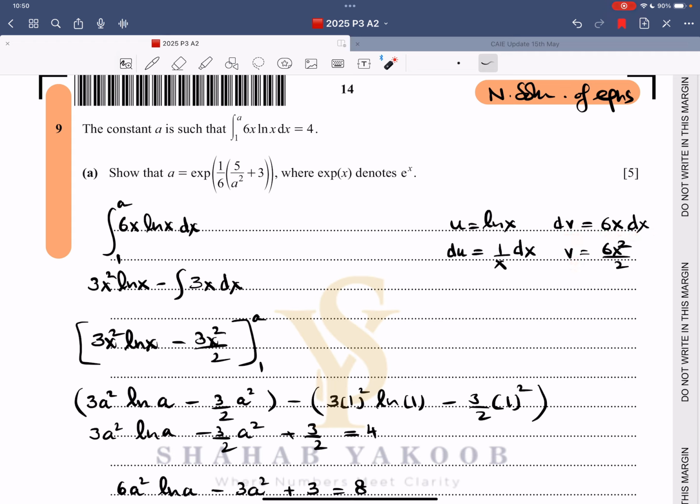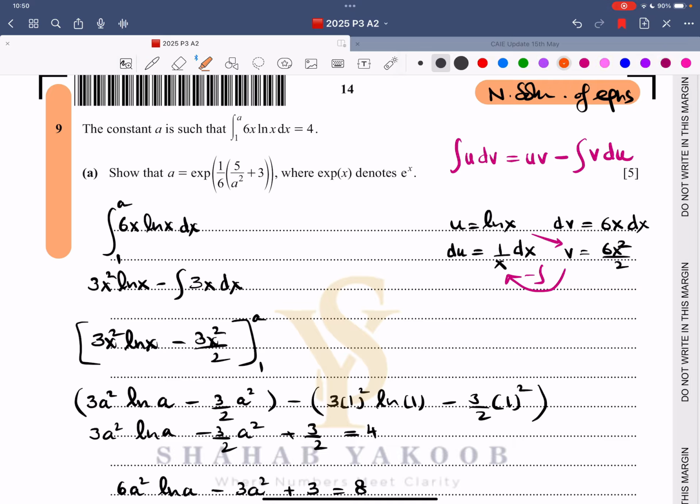That is 3x square. So now we will be following these arrows, and this would be uv minus integral v du, because that is the rule. u dv, that is uv minus integral v and du.